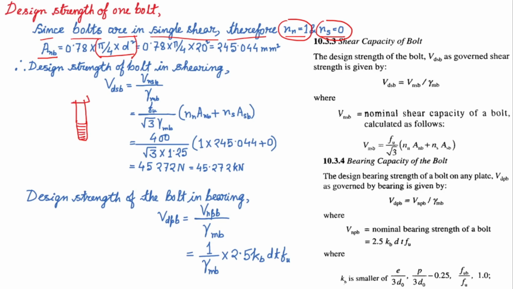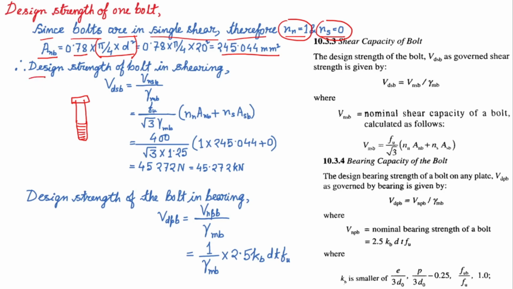Due to the thread, some area is lost. So we consider 78% of the actual area of the bolt. If you put the value of d, that is the diameter of the bolt, it will be calculated as 245.044 mm square.